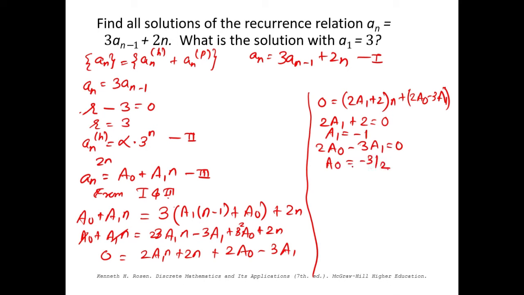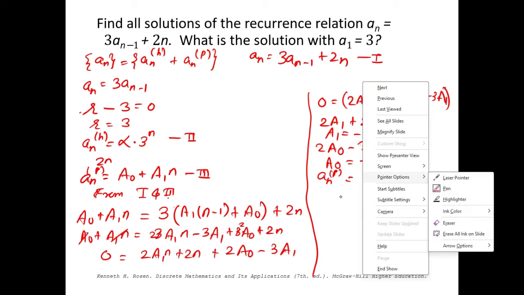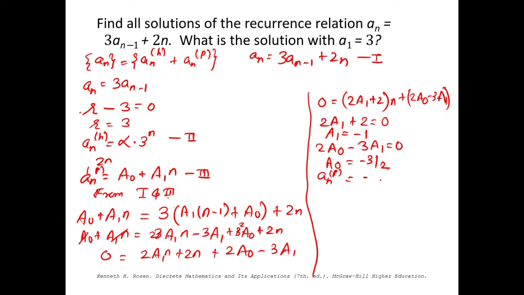Substitute this value into equation 3. So we get an for the particular part equal to -3/2 - n.